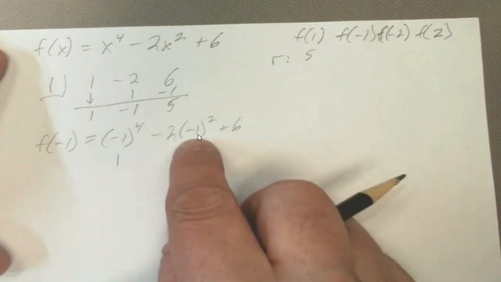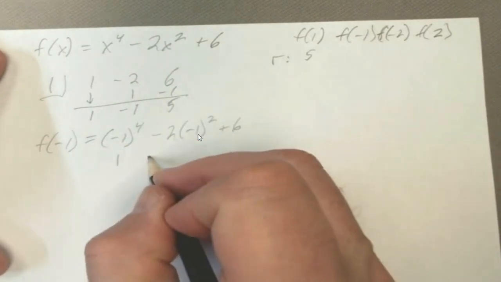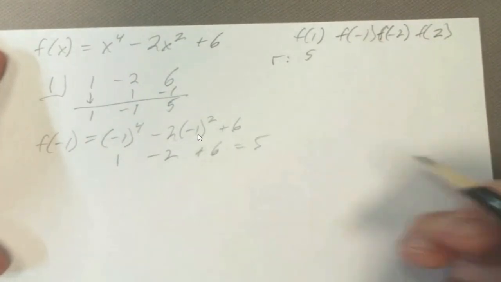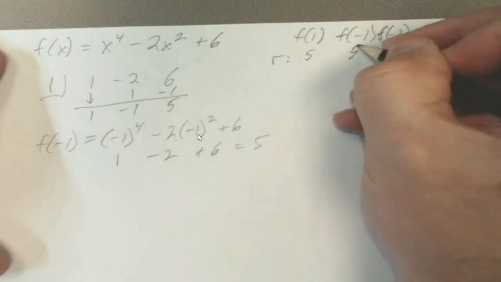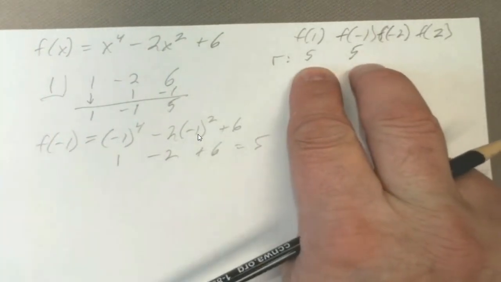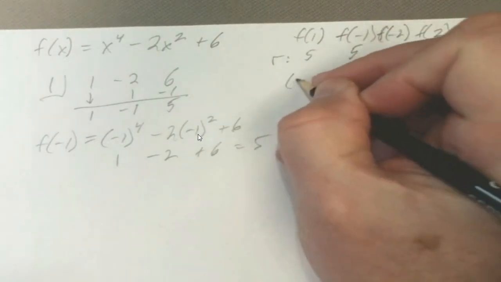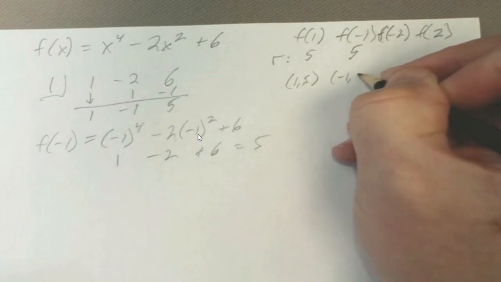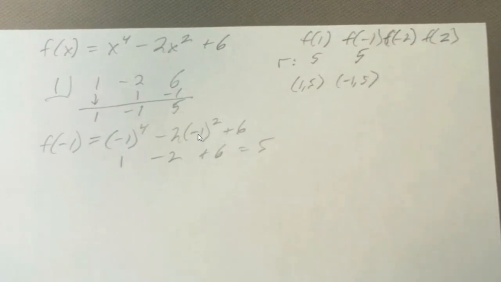This one has -1 squared. Those negatives cancel each other out. So this is just 1 minus 2 plus 6, the same thing. The remainder is 5 for both of those, which means the point (1, 5) and the point (-1, 5) are both on the graph, because that's the remainder.